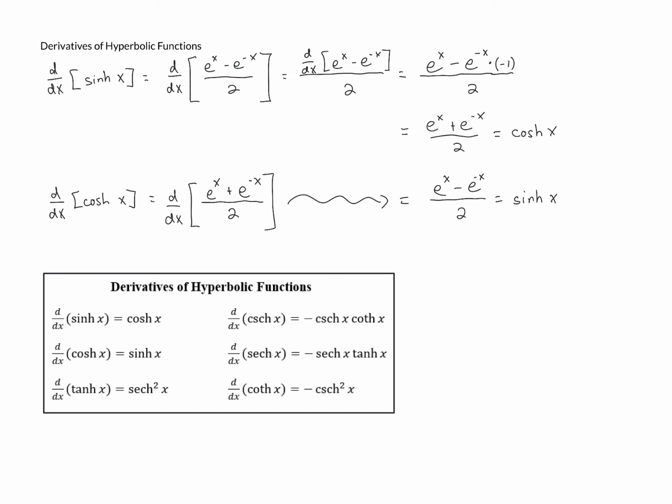And then we also have the derivatives for hyperbolic cotangent, secant, and cosecant. The derivative of hyperbolic cotangent is negative hyperbolic cosecant squared. The derivative of hyperbolic secant is negative hyperbolic secant hyperbolic tangent. The derivative of hyperbolic cosecant is negative hyperbolic cosecant times hyperbolic cotangent.